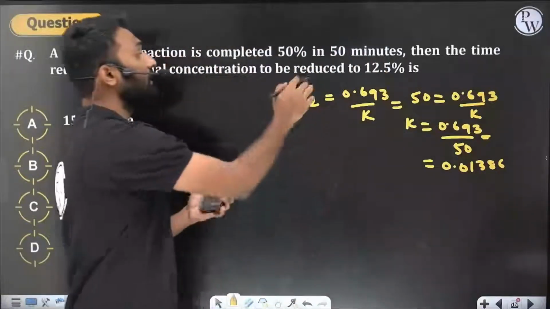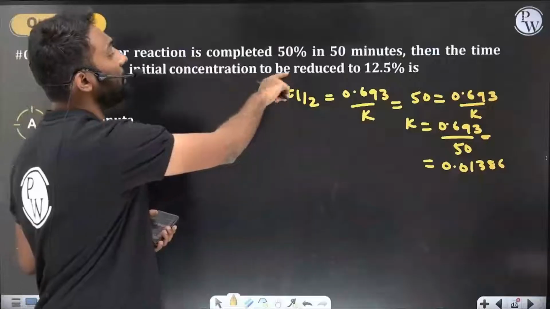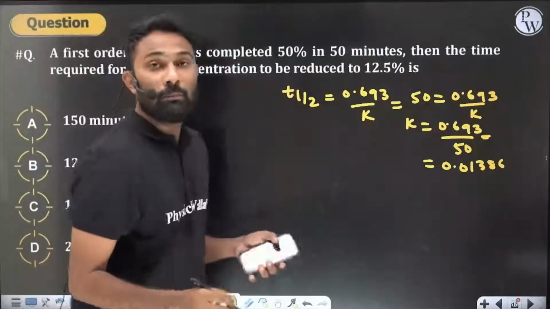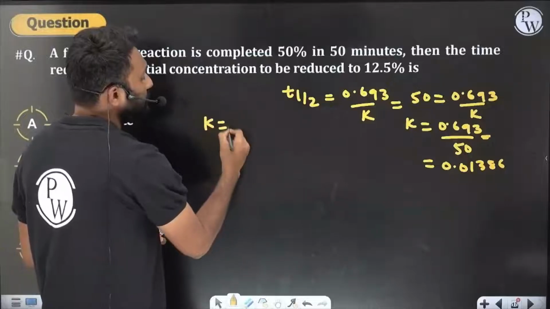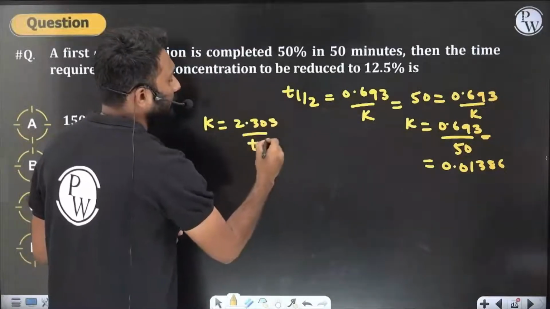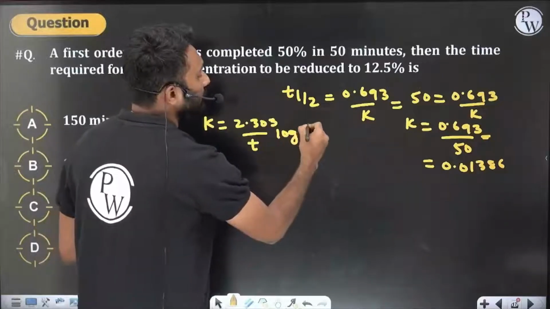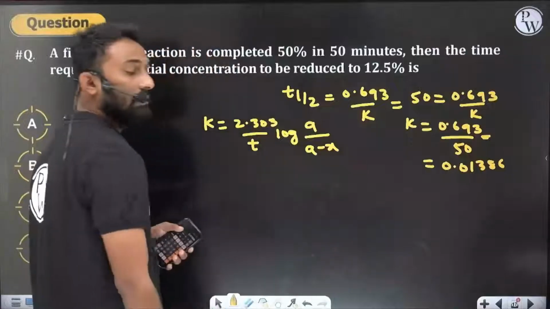Okay, but he is saying the time required for the initial concentration to be reduced to 12.5%. Now the first order reaction formula we know, right? K is equal to 2.303 by t log initial concentration by final concentration at the time t.